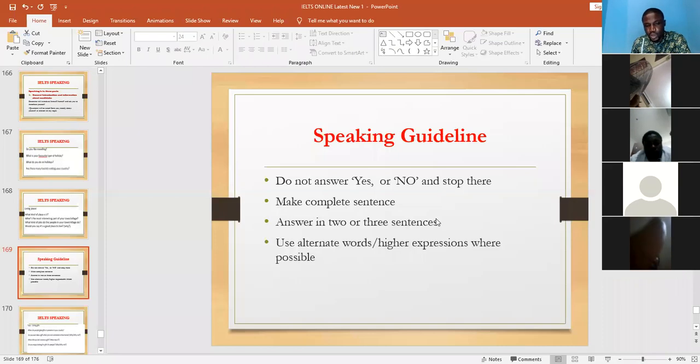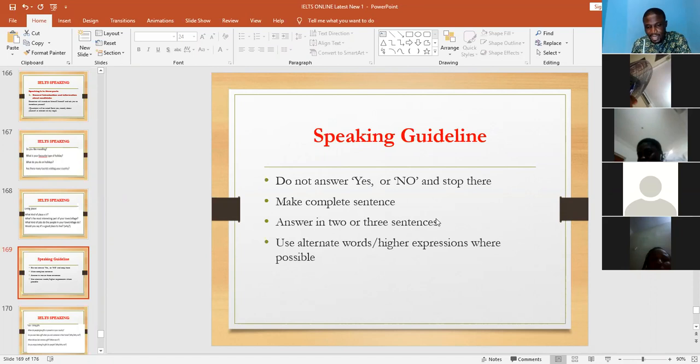I said when you are answering the first type of question, the first sequence of questions, do not answer yes or no and stop there. You need to make a complete sentence. Please make sure you do that, because there is a tendency for the person to ask you, do you work or study? Then you now say, yes. So you need to say, yes, I work as.